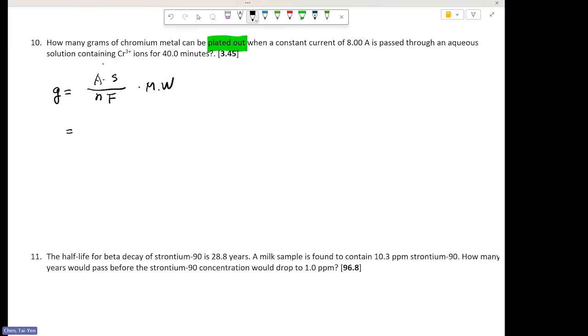Do you know the current in amps? Do you know the time in seconds? You have 40 minutes times 60. Do you know the number of electrons transferred? How do you know it's 3? Yes, because it says 3 plus. Then the Faraday constant. What's the molecular weight?